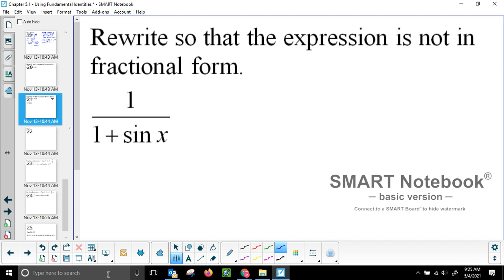All right. So now let's rewrite this so that the expression is not in fractional form. You should have seen this in Algebra 2 a lot when dealing with complex numbers. It was called the complex conjugate.